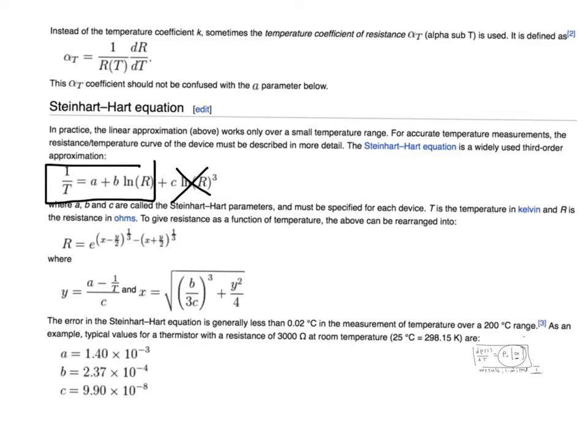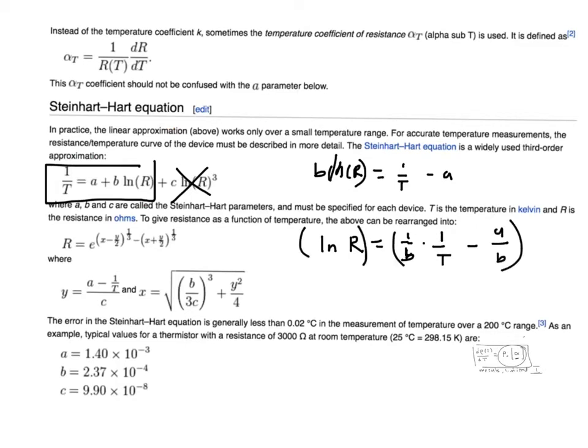So what if we rearrange this equation to be 1 over T minus A equals B times the natural log of R. Or, in other words, the natural log of R equals 1 over B times 1 over T minus A over B. And then let's take the exponential of both sides.